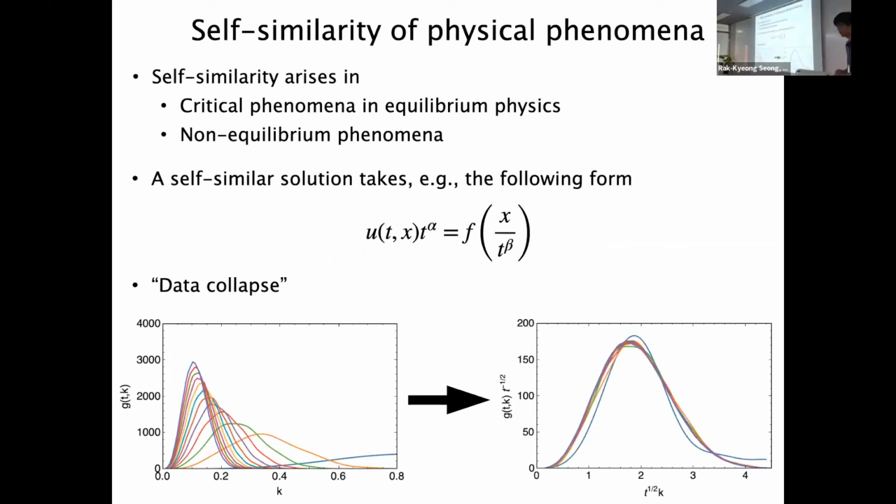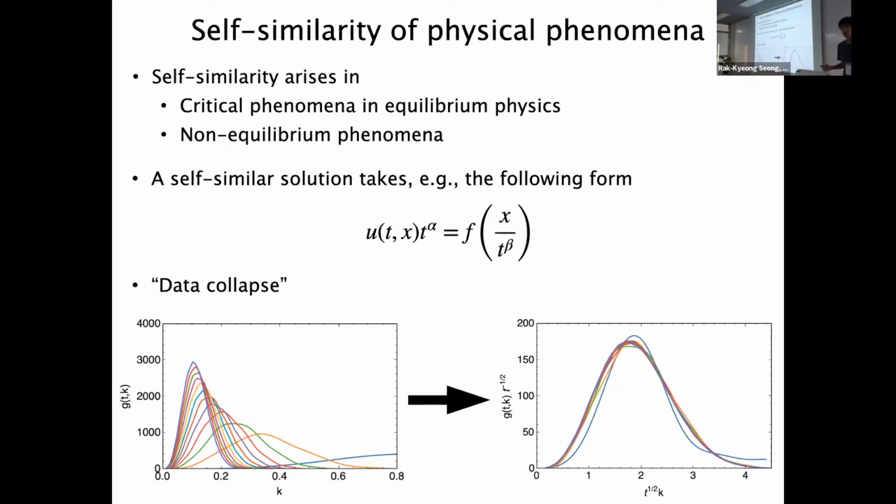Self-similarity is a familiar concept for physicists, and it appears in various places in physical phenomena. In particular, self-similarity arises in the description of critical phenomena in equilibrium physics, and moreover, it also appears in a variety of non-equilibrium phenomena as well. Typically, a self-similar solution takes a form like this, where a certain combination of variables appears in the argument.